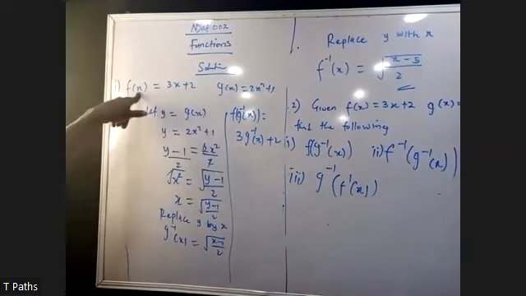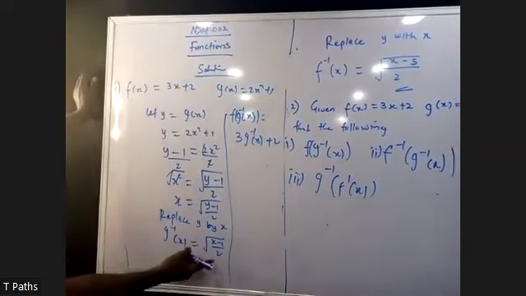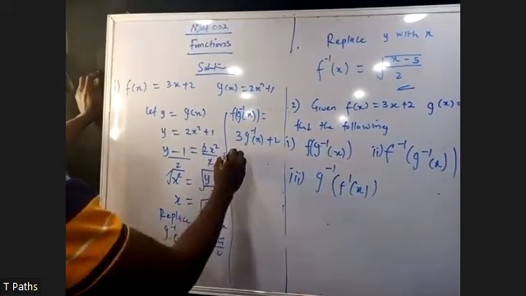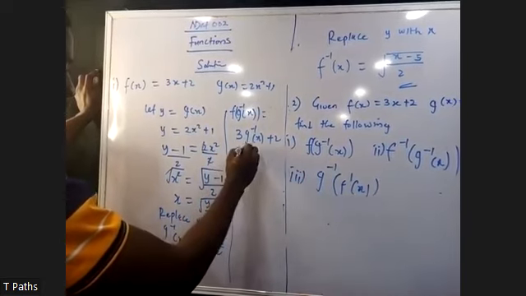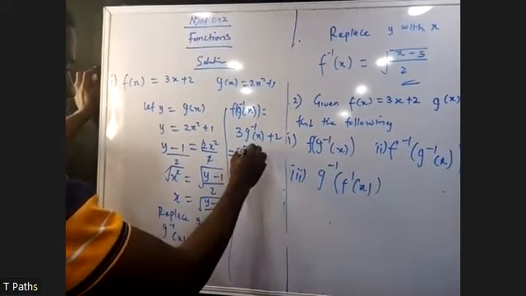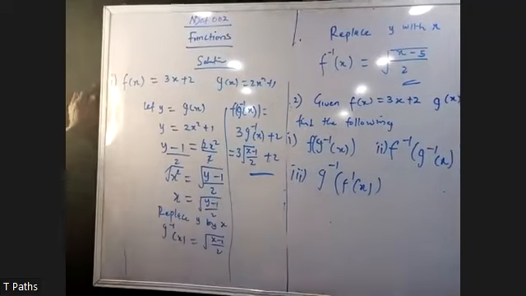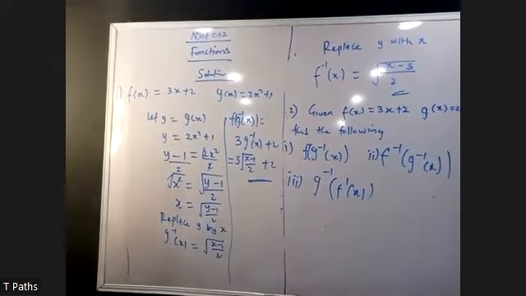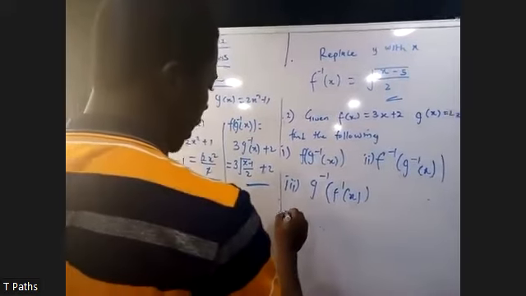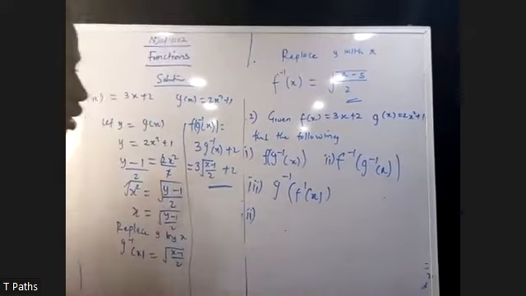Because our x was here before, now we're having g inverse. And what is the value of our g inverse? It will now be what? 3 times square root of x minus 1 over 2 plus 2. And that's my answer for the first question. So the second question here, let me write it here.